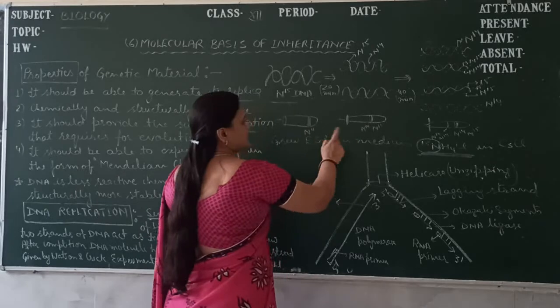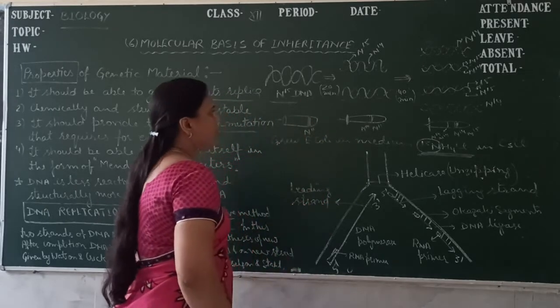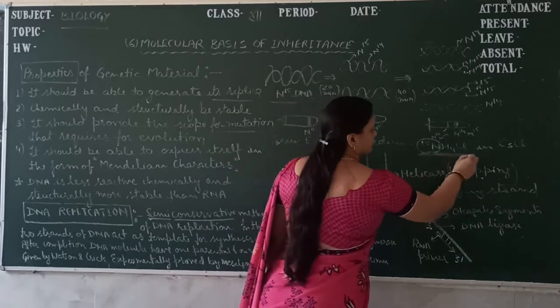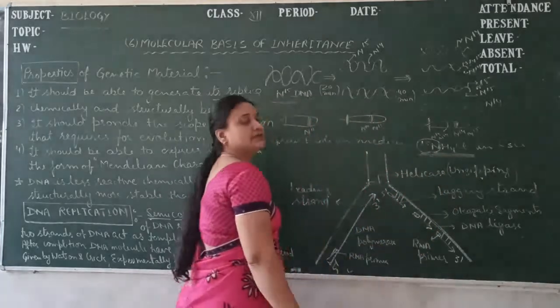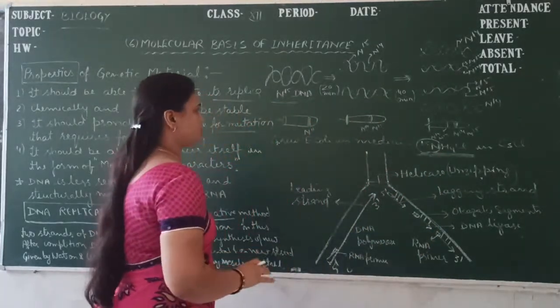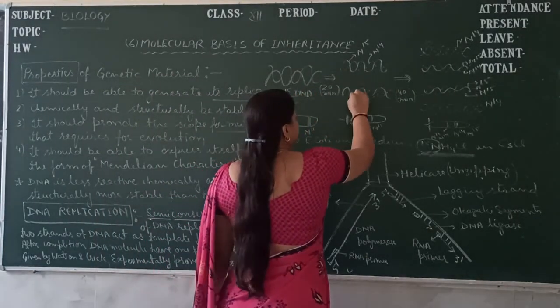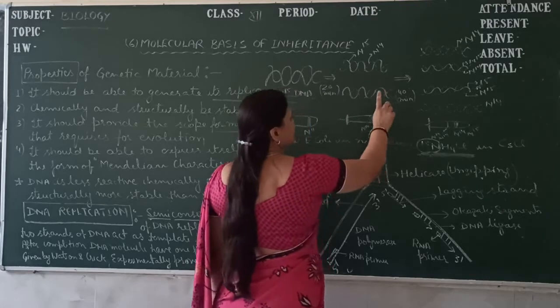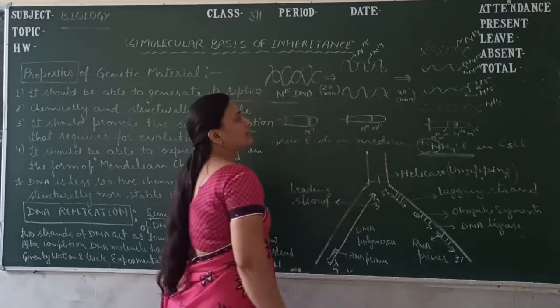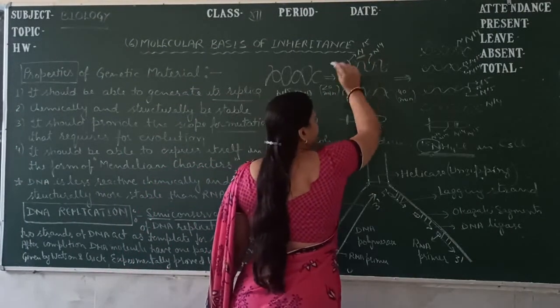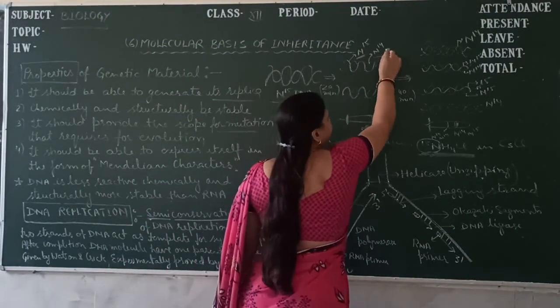Then he grew the same E. coli on N14 ammonium chloride. The culture medium is ammonium chloride, but it contains the nitrogen 14 isotope. What will be the result? One strand is heavier than the other, because one strand contains N15 and the other strand contains N14.